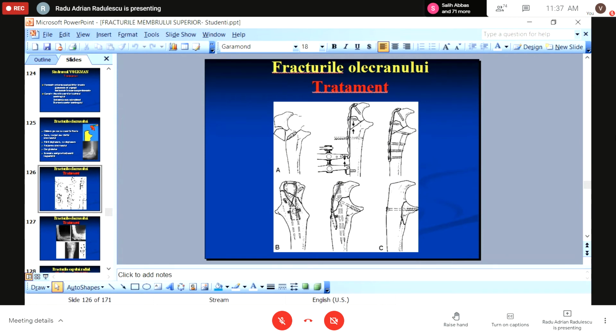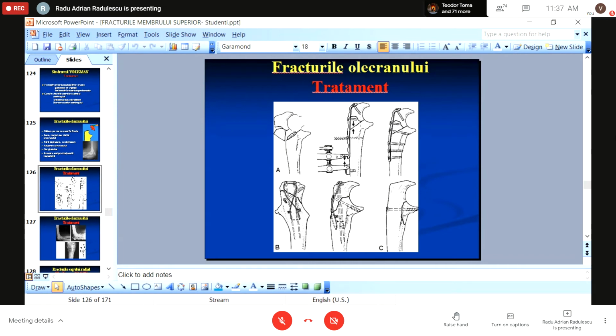figure 8 wire loop. These two K wires combined with this figure 8 wire loop are a very useful means of fixation for the olecranon, because it has the capability of transforming the shearing forces into compression forces.